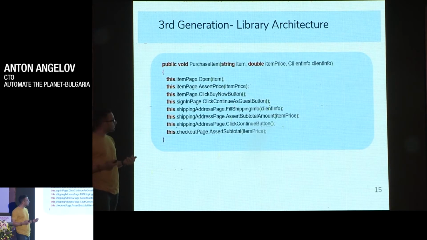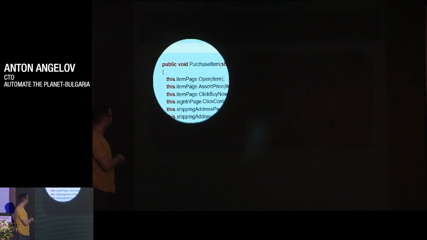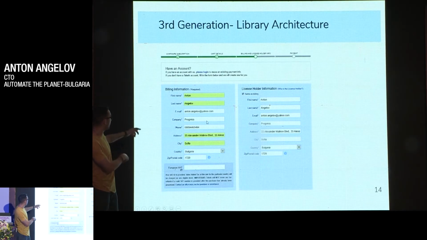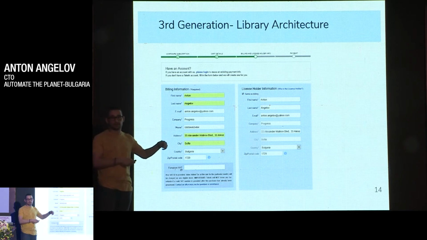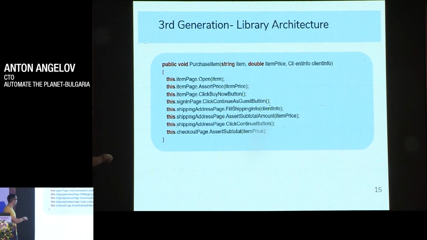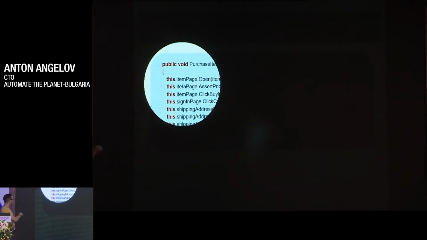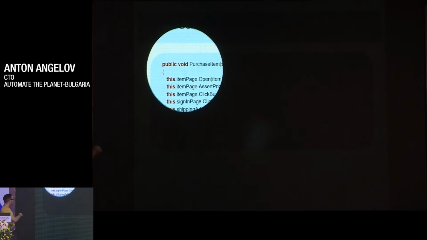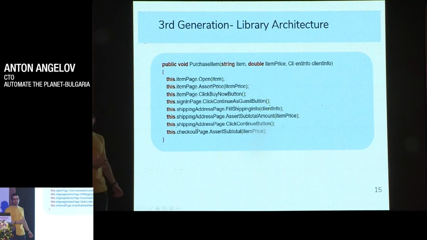So what we did was use the facade design pattern. Basically, we are abstracting the workflow, for example filling the billing information, then submitting coupons, discounts, etc. We abstract it in this method. And all of these page objects are used as interfaces.